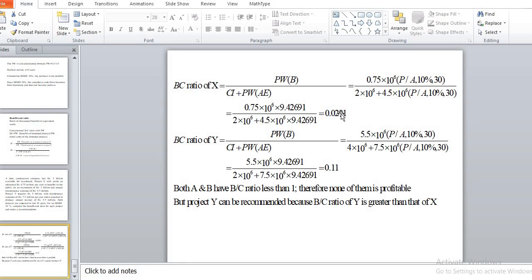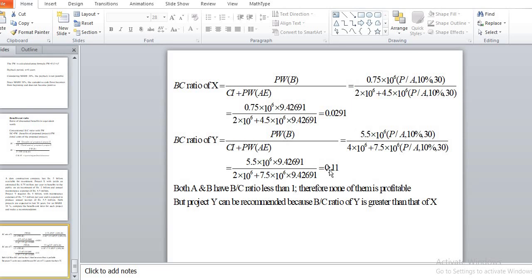So by comparison of both benefit to cost ratios, it is higher for project Y, so we can recommend project Y, because the benefit to cost ratio of Y is greater than X. Now if you look at both values, they are less than 1, so both projects are not profitable.